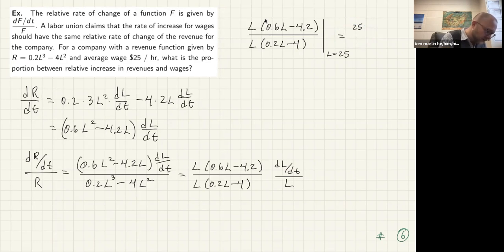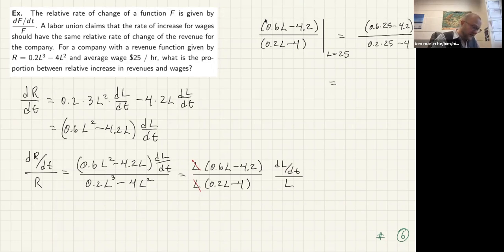So 25 times 0.6 times 25 minus 4.2, all that divided by, you know what? I needed to have spotted here that I could cancel those so that the calculation would be so much nicer. All right. So then down here, I have 0.2 times the 25 minus 4.